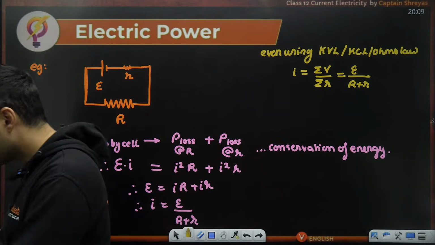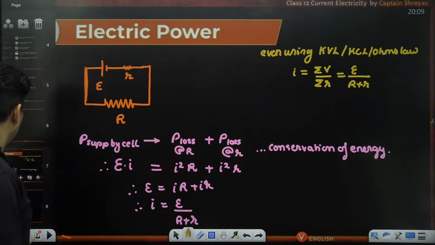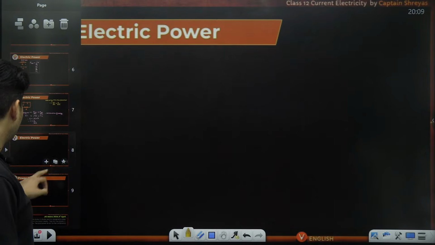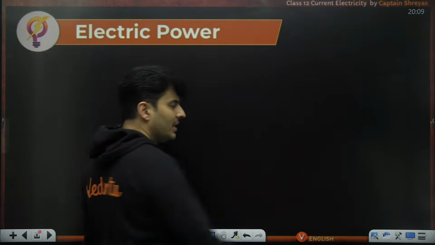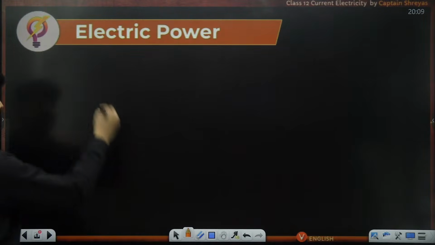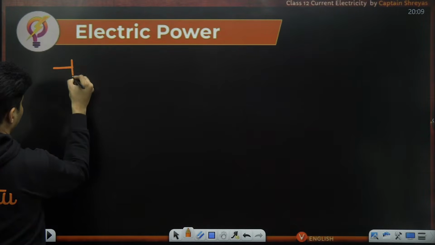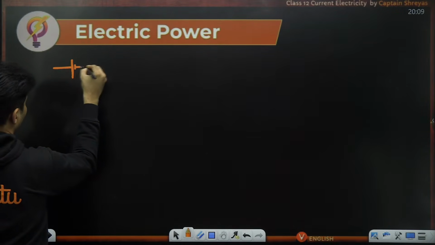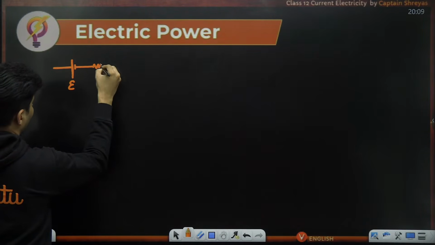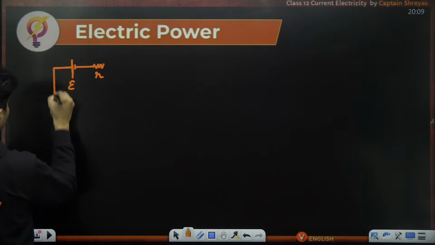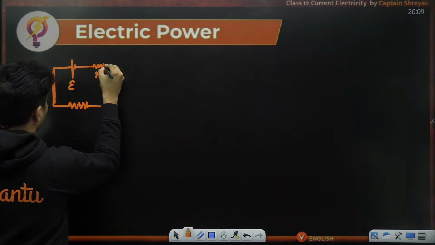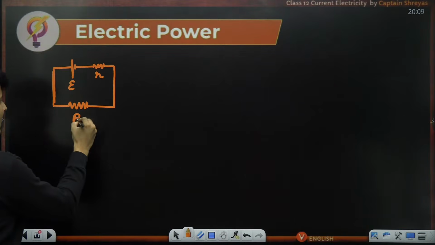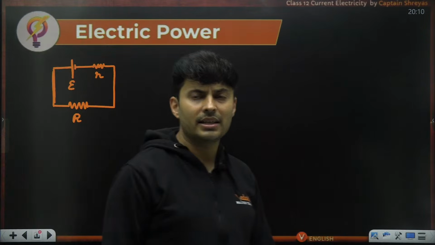Welcome, everyone. Okay, great. Now, there is a very specific theorem which you should know with regards to this power analysis. So, if you have a cell of EMF and some internal resistance, and this is some external resistance over here, and let's say I am allowed to change the internal resistance.